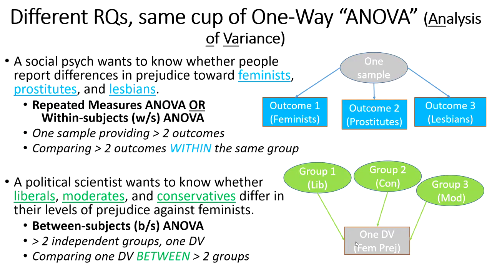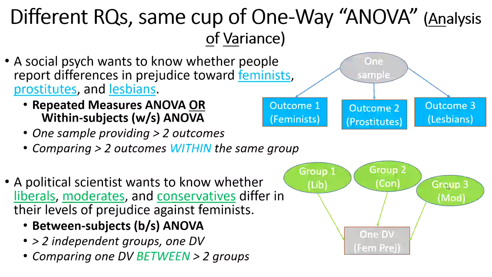So again, conceptually, not that big of a leap going from the paired sample t-test to the within subjects ANOVA, or the independent sample t-test to the between subjects ANOVA. We're just adding a box or adding a circle. Not that big of a difference, not that big of a leap.